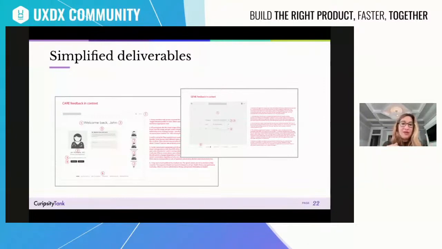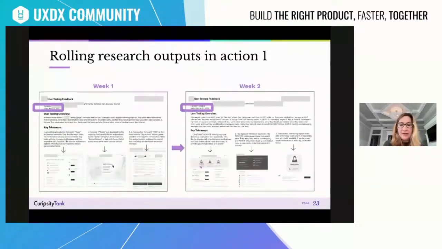Monday evening, we would decide what we were going to test the following Thursday. Tuesday, I would begin my recruit. Wednesday, I would author my discussion guide and schedule, and designs were due Wednesday night for Thursday testing. So it's very, very quick. And the impact of this is just enormous.